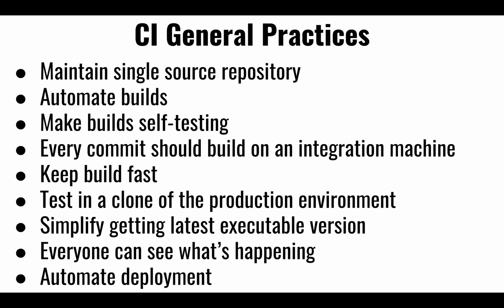Folks are going to be reticent of committing frequently if it takes 5 to 10 minutes to run the build. Instead, we want to make builds as fast as possible, run the tests quickly, so that every time we commit something, we can know immediately if we broke something right away.